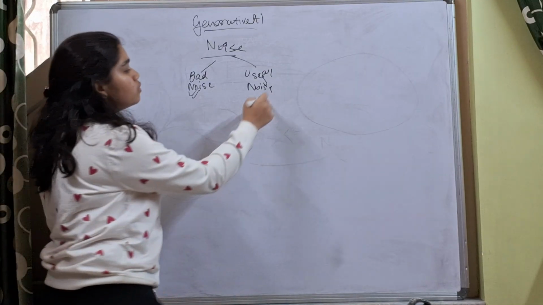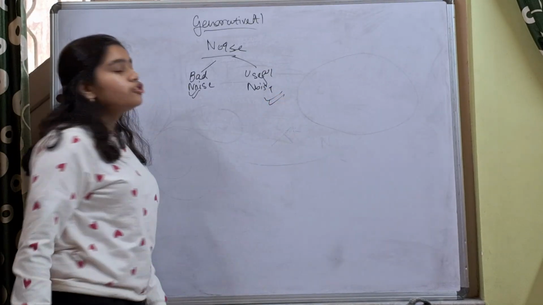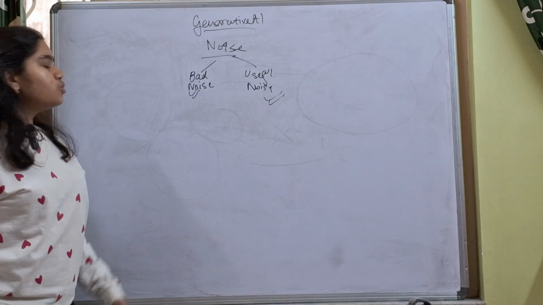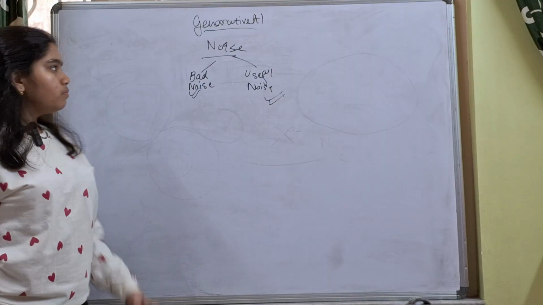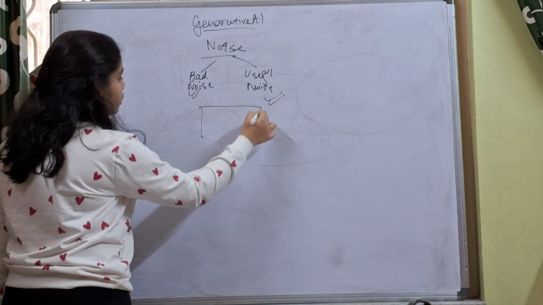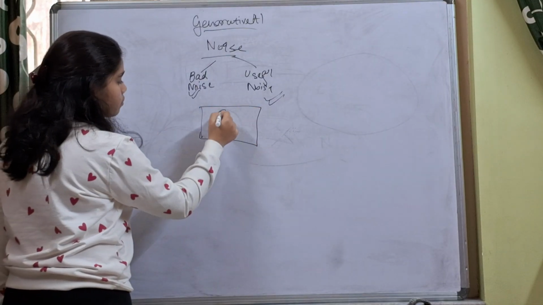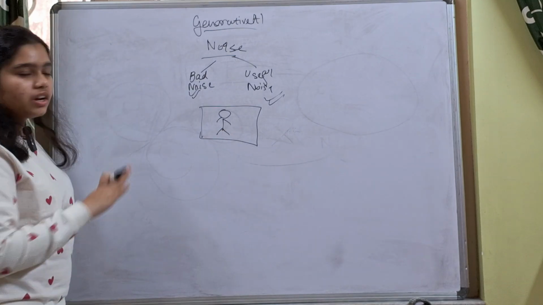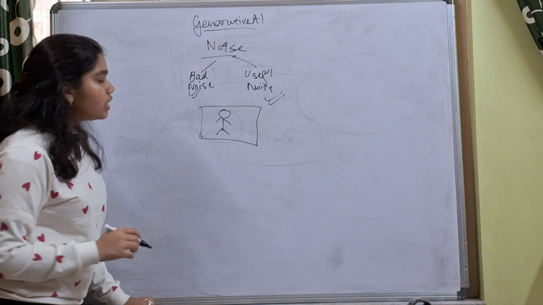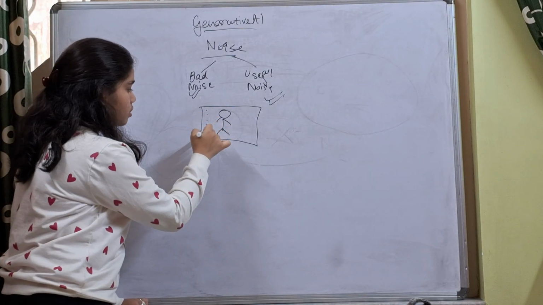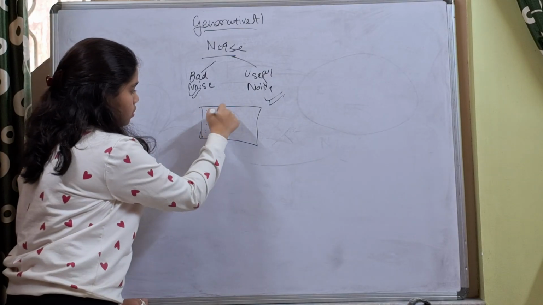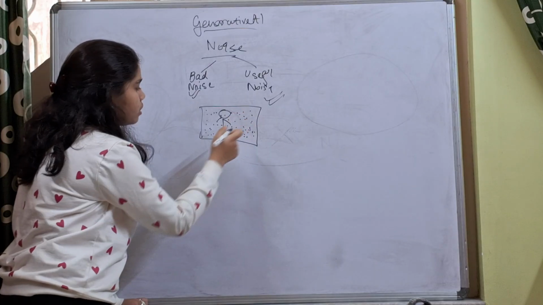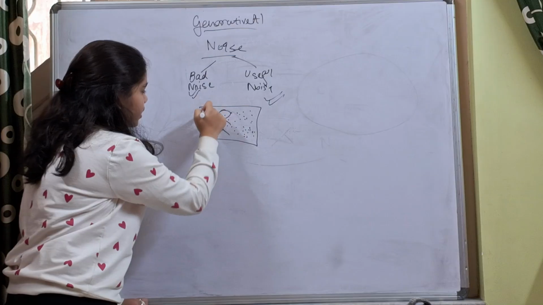This kind of useful noise is needed to generate images, or to generate any content. Suppose you have an image of a human. Can you see the image of a human? A stick figure I have drawn, and slowly noise is added. Noise is added to the image of the human, and then more noise is added.